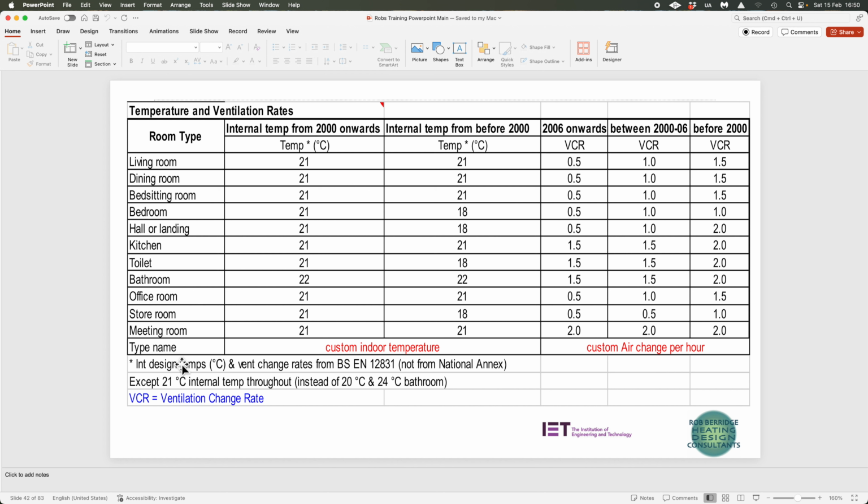And these are your ventilation change rates within your buildings. But you can see what has happened as well. Look how much some of these have come down over that time. Before 2000, we had ventilation change rates of 1.5 air changes per hour in a living room, and that's now dropped to 1 and now a half after 2006, as buildings have got tighter, as our insulation has got better and our build quality has gone up.